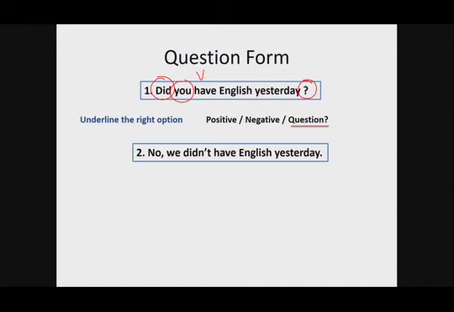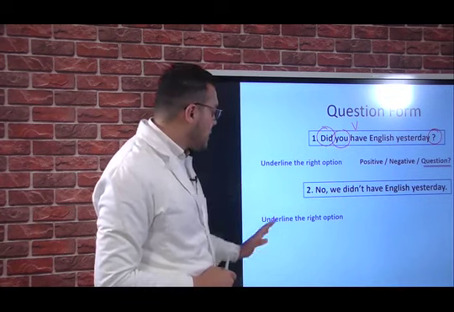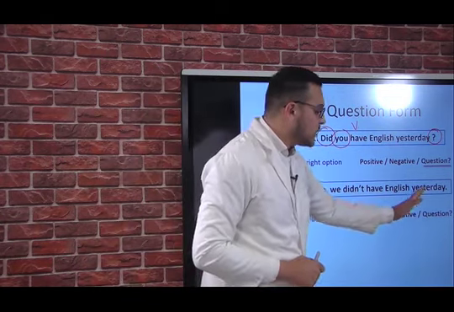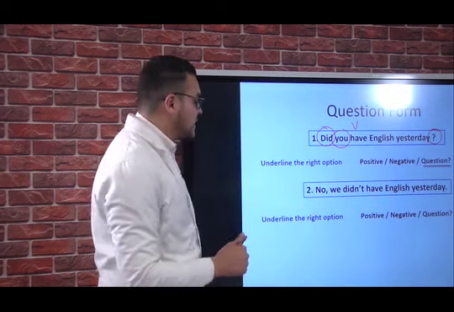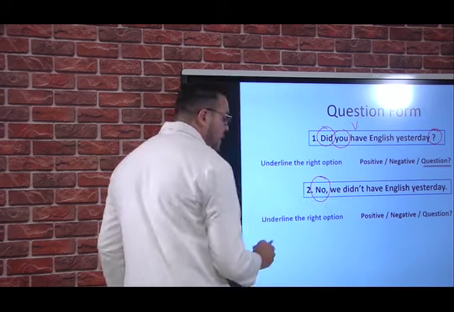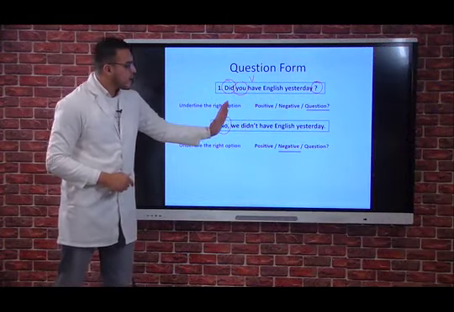Answer. It's a long answer in here. No, we didn't have English yesterday. It's a negative form. So let's underline the option. Positive, negative, question. Of course, it's a negative with no. And we say, no, we didn't have English.